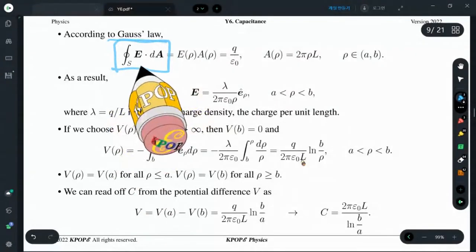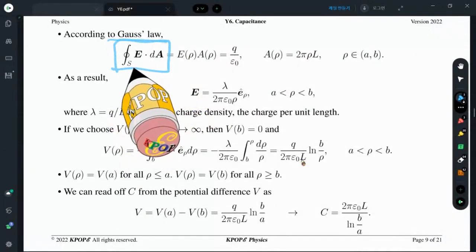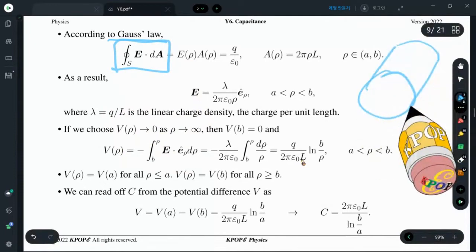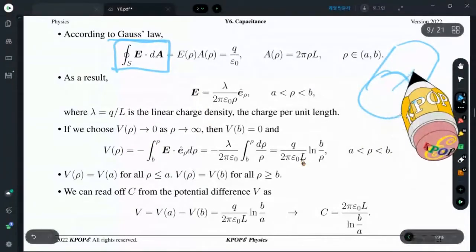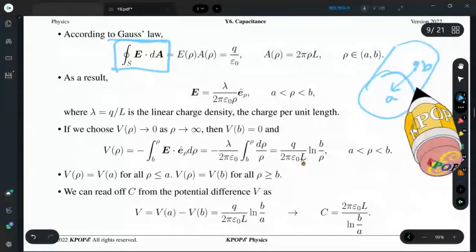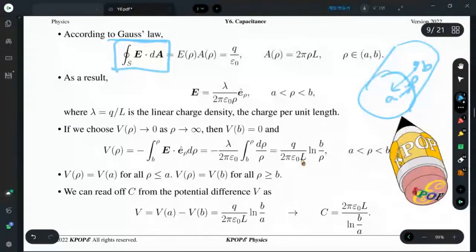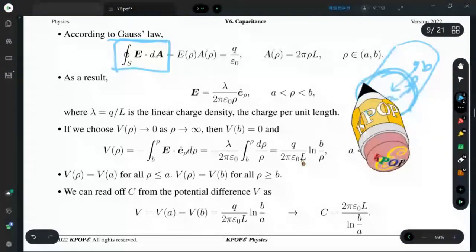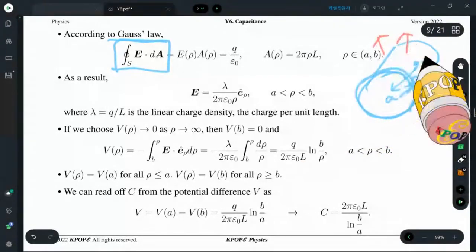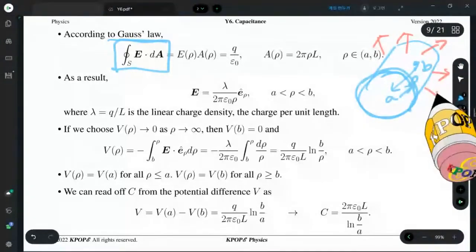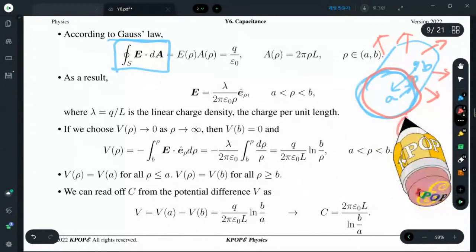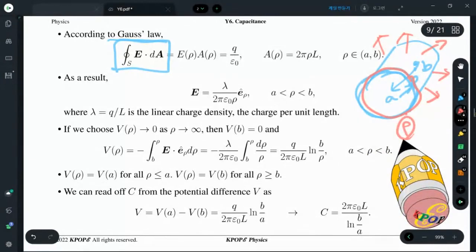Electric field flux is evaluated over a cylinder. That cylinder is between the radius A and B. This rho is somewhere around here. In that case, the electric field is only along the planar radius direction and uniform at a given fixed rho.